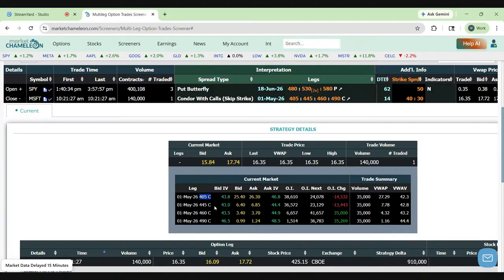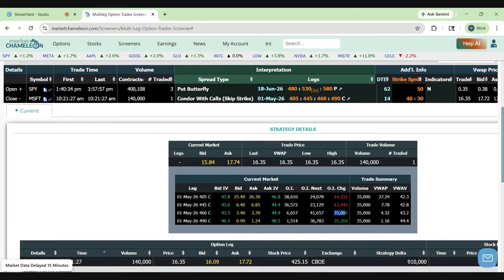But what we're seeing is the 405, 445 calls saw a large decrease in open interest, not as large as the 35,000, but keep in mind there are probably other trades going on there offsetting. But at the same time, we saw a large open interest increase in the higher strikes that correspond to the volume of these trades.